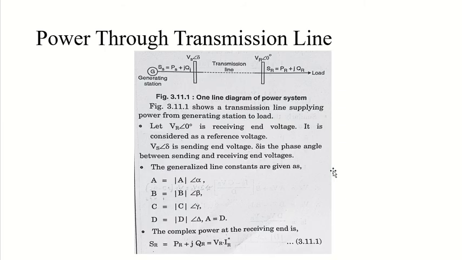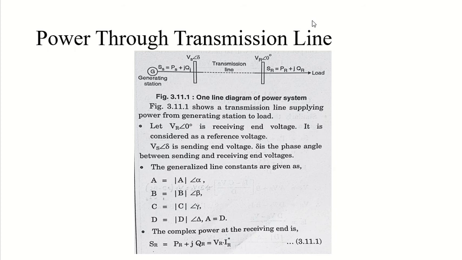Now coming to the next point that I wanted to discuss, the power through the transmission line, and how do we see it? So first, let's say what we have seen before last section. We have seen performance equations of transmission line for all three, short, medium, and long.